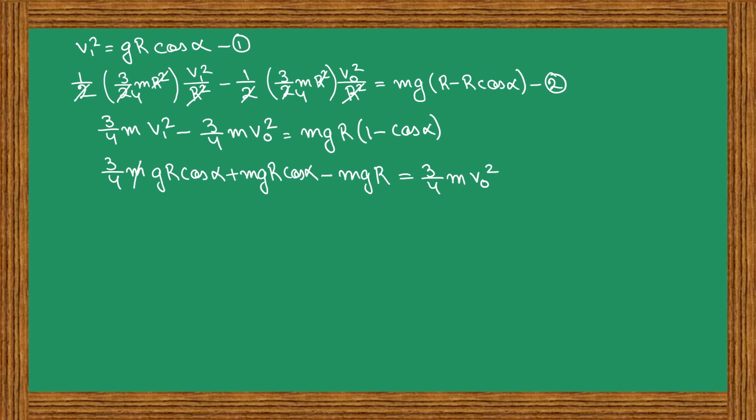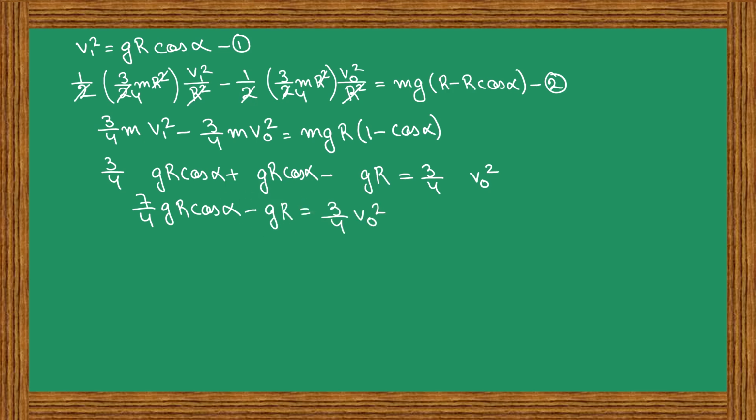All the m's are getting cancelled. If I add 3 by 4 gr cos alpha plus gr cos alpha, that is 3 by 4 plus 1, which is 7 by 4. So 7 by 4 gr cos alpha minus gr is equals to 3 by 4 v0 square.